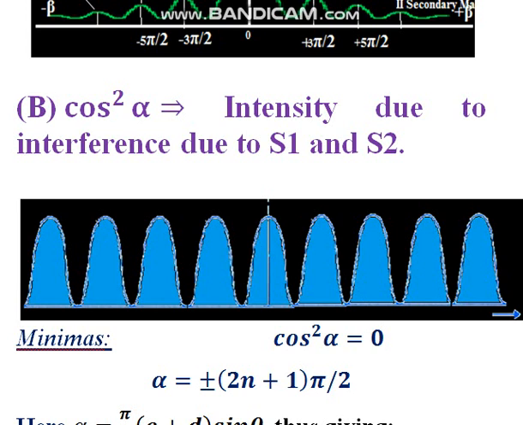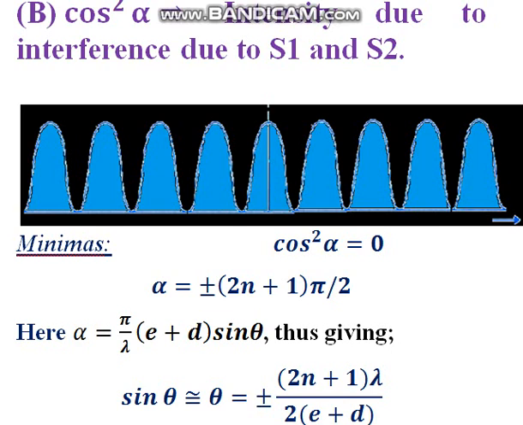Now let's discuss the maxima and minima of these graphs. The intensity is I equal to cos square alpha. First of all, the minima. For the minimum value, cos square alpha must be equal to 0. This gives alpha equal to plus minus (2n plus 1) pi by 2, according to the trigonometric equation.